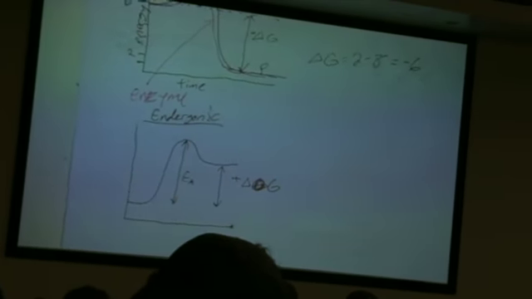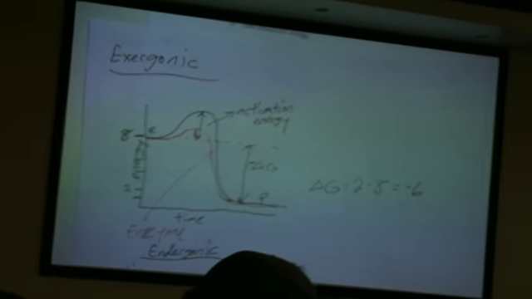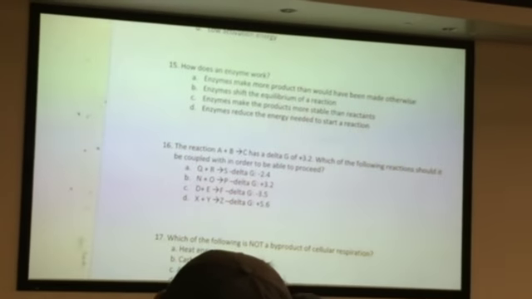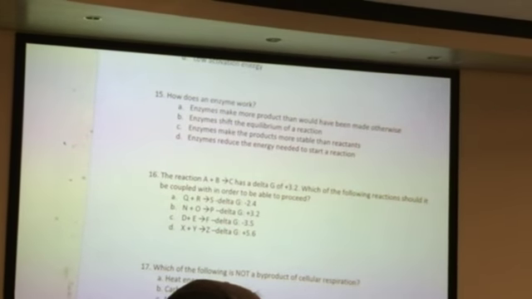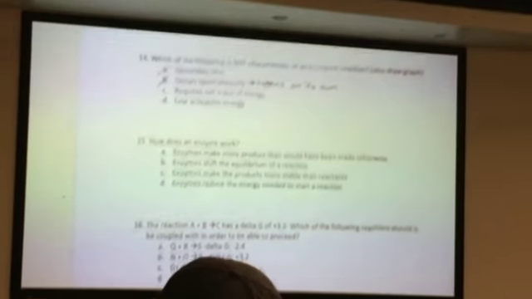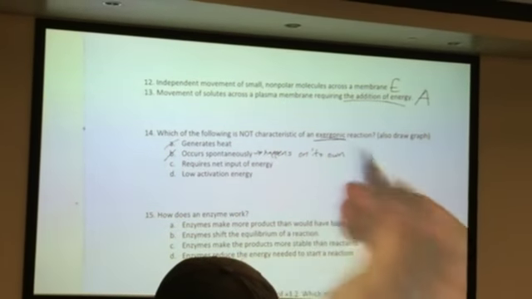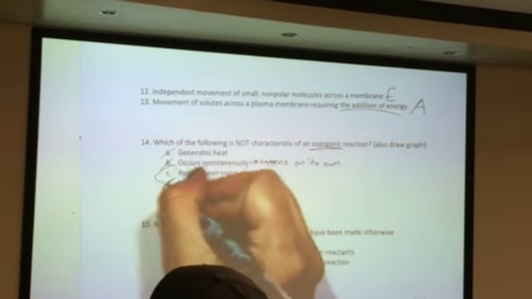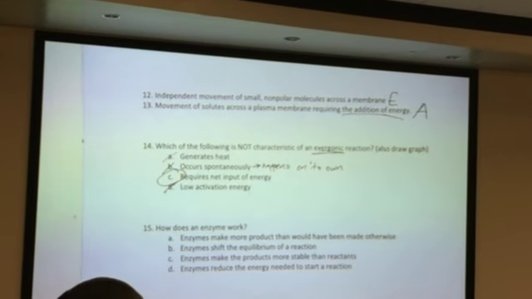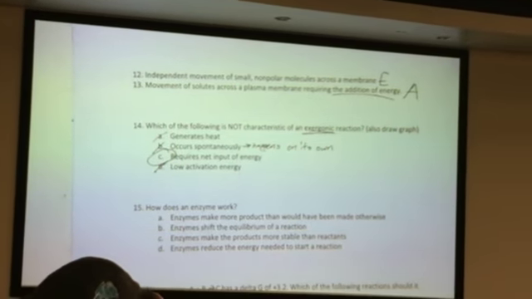Exergonic reactions are spontaneous. Yeah. Okay. So, it's okay, you guys need pictures later. We gotta move on. Alright, so exergonic reactions actually do have a low activation energy, so the net input of energy is the one that we're going to pick.